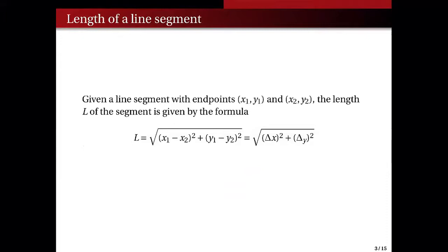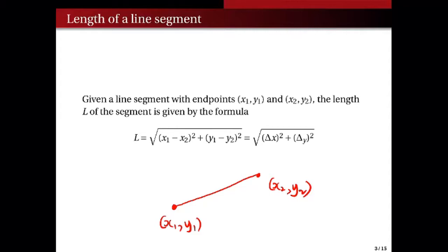If we are given 2 points, say P1 with coordinates x1, y1, and another point x2, y2, say P2, and you want to find the distance of these 2 points, what you are looking for is the length of the line segment joining them.